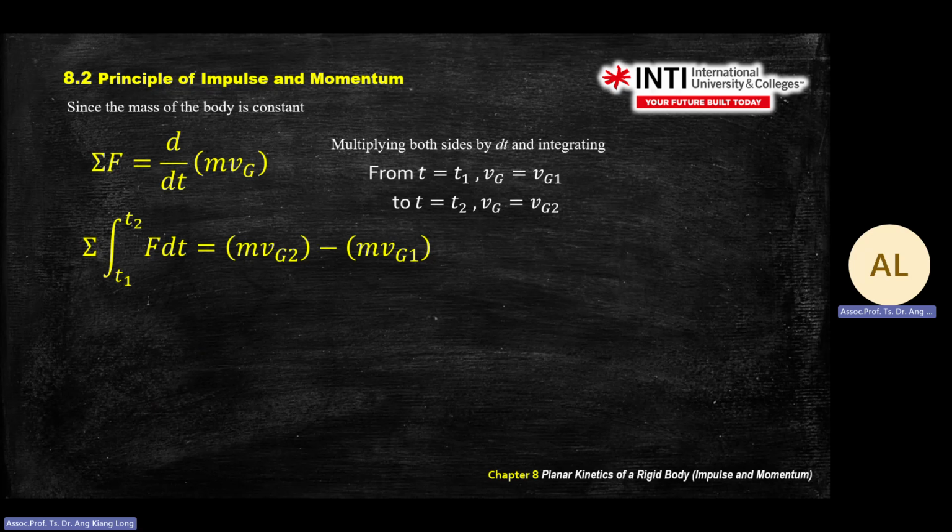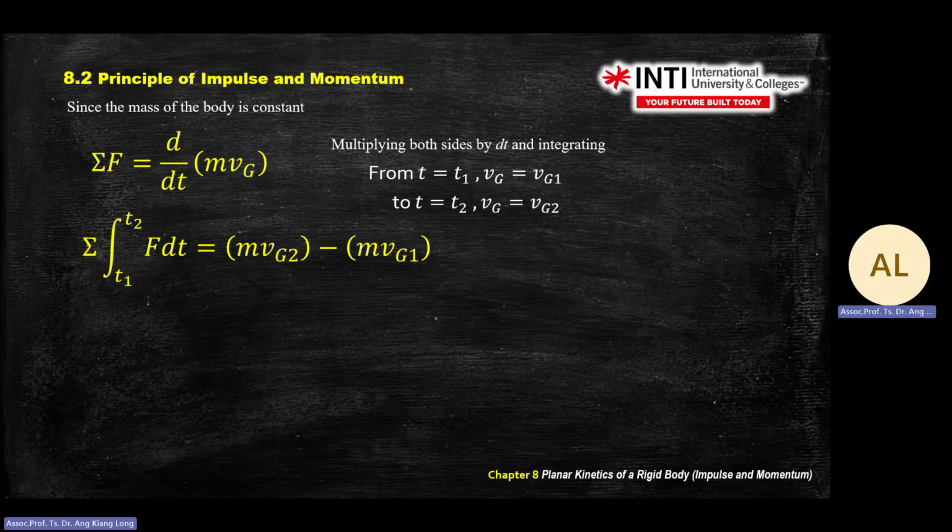You take F equal to d/dt of (mv), move dt to the left, and integrate the first equation. On the left hand side you get F dt, and on the right, mv2 minus mv1.